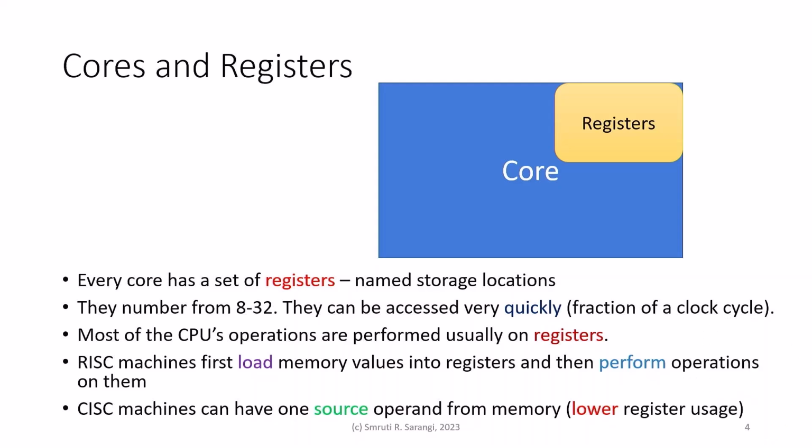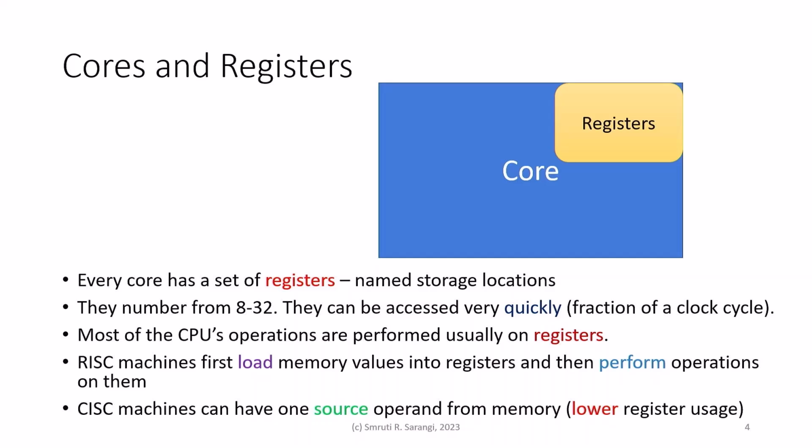So registers, we all know they are named storage locations and they number from 8 to 32. So x86 has 8, x86 64-bit variant has 16, RISC-V has 32. Normally RISC ISAs have more registers because they don't have memory operands or that many memory operands in their instructions.